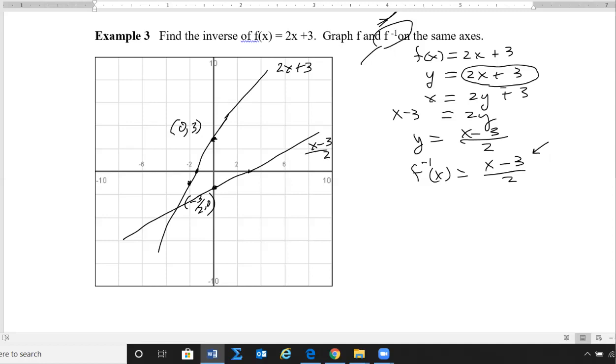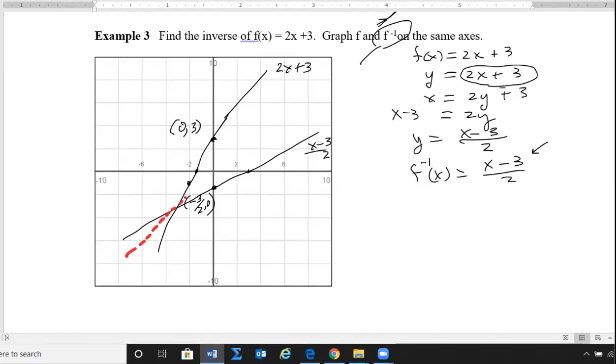And something you want to notice about this is it appears to be a reflection over this line y equals x. That's what you're always going to see with two functions that are inverses of each other when they're graphed.